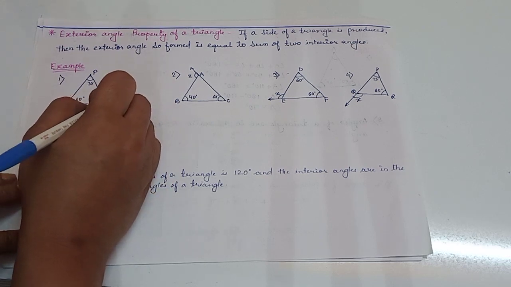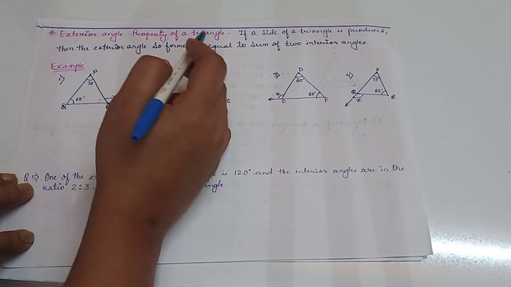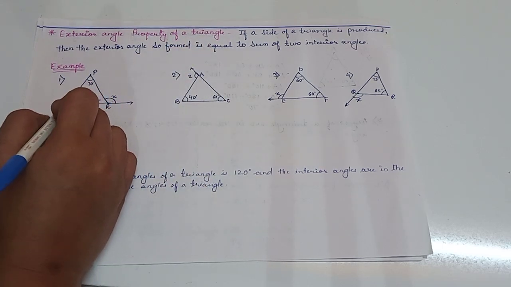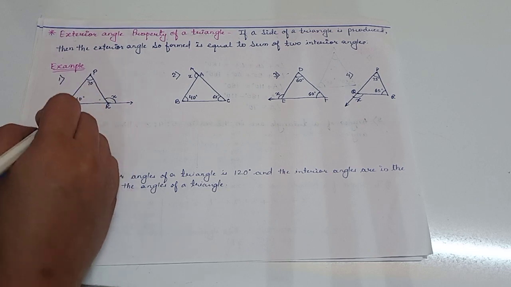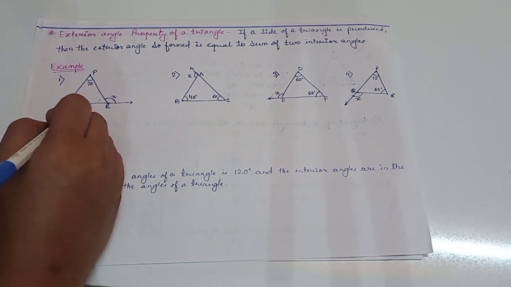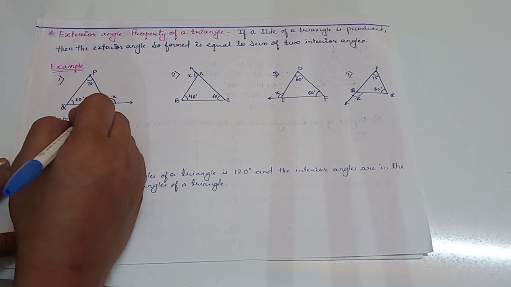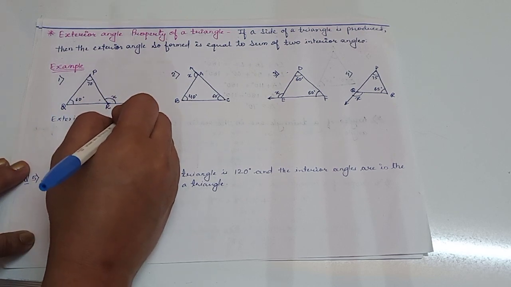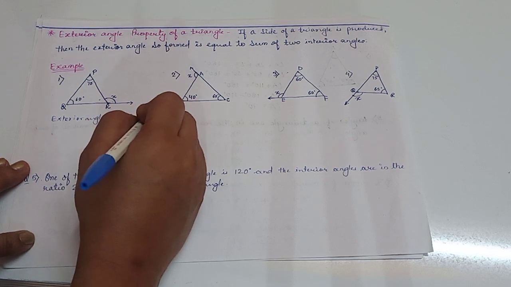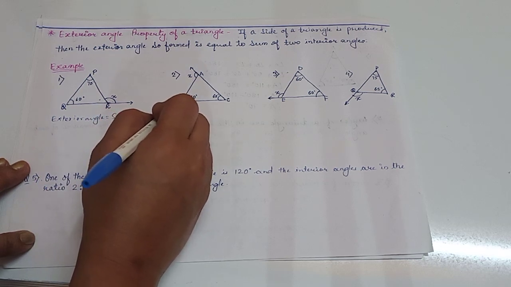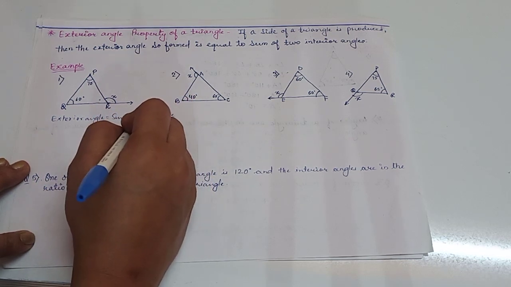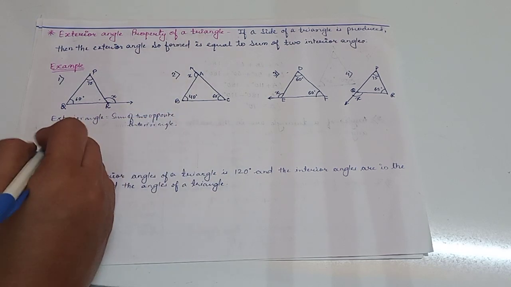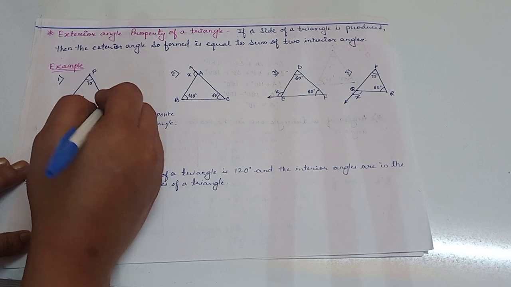So how can we find this? According to the property, we know that the exterior angle is equal to the sum of the two opposite interior angles. So here the exterior angle is x.